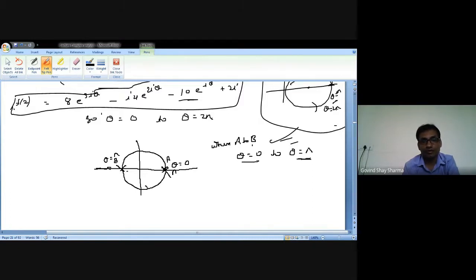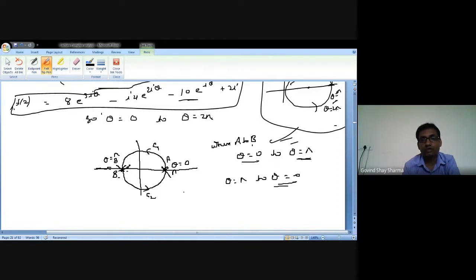But when we talk about the curve C2, C2 means B to A, with integration from theta equal to pi to theta equal to 0.